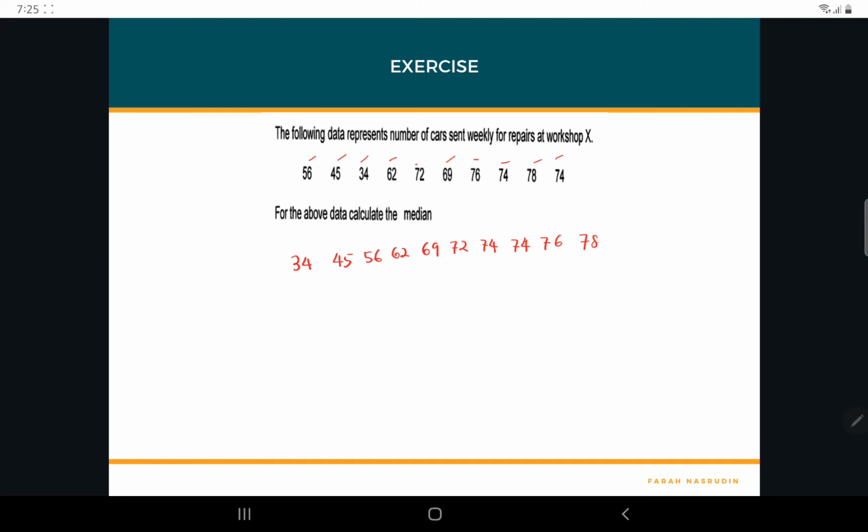So the position of the median is here. We have 4 data on the left and 4 data on the right. So we just need to find the average between these two numbers. Add up these two numbers and then divide by 2. So our median equals 70.5.